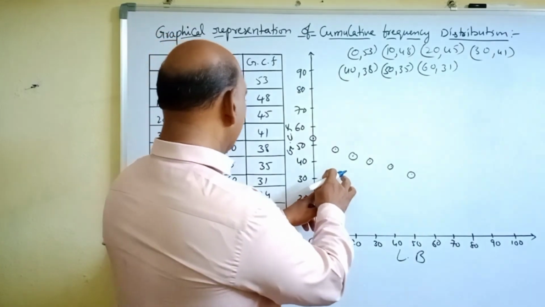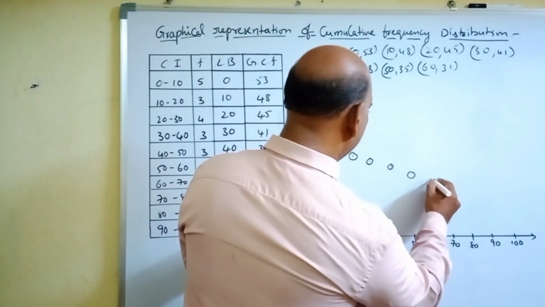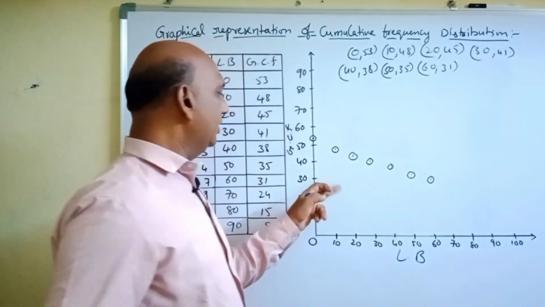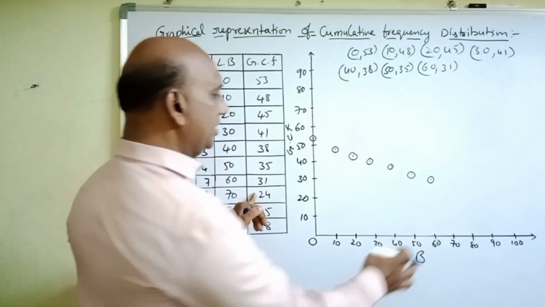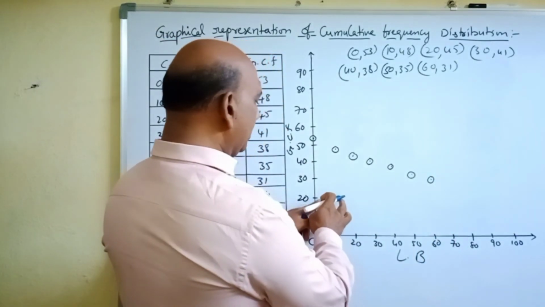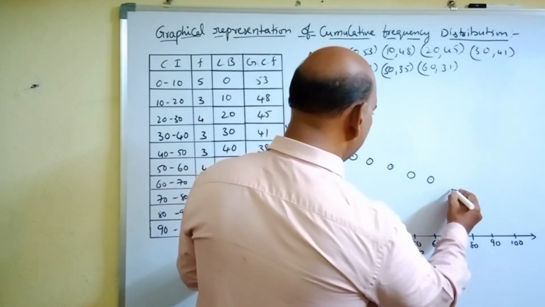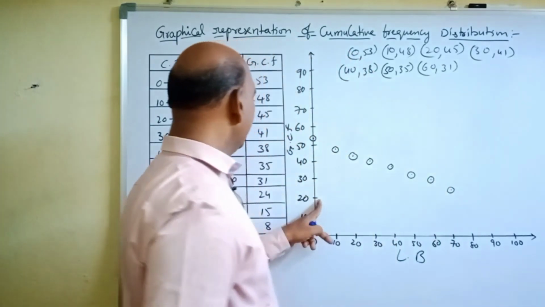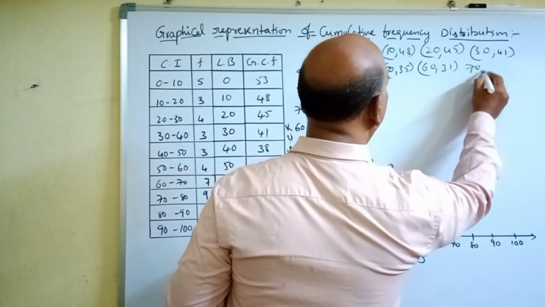So that is 60 and 31 you will get here. This is the point of intersection of 60 and 31. And then 70 and 24, this is 70 and 24, meaning above the 24th line. So we will get its point of intersection like this here. That is 70 and 24.